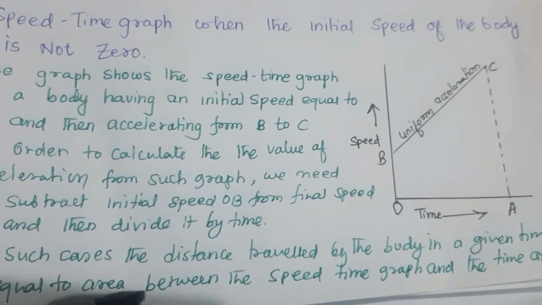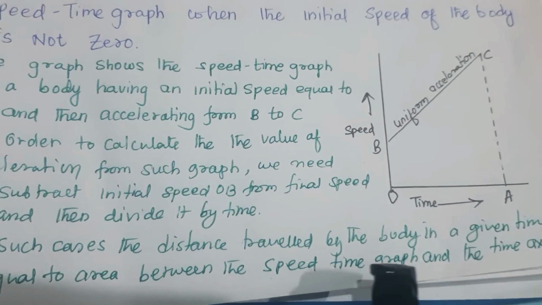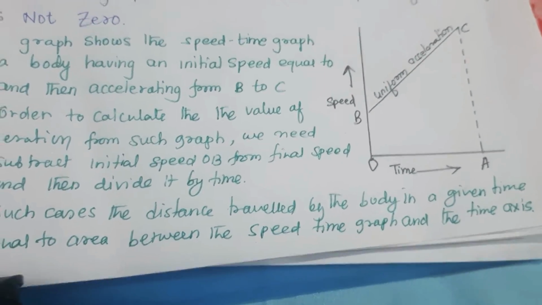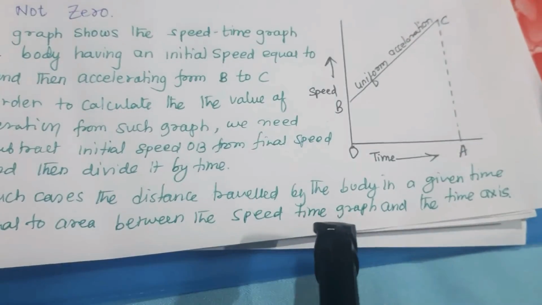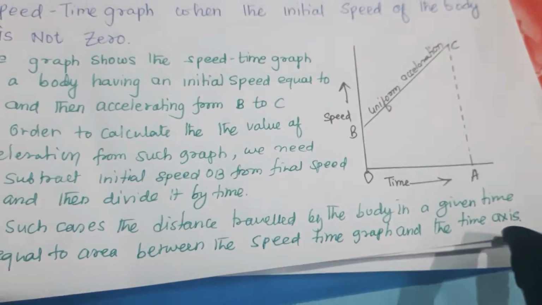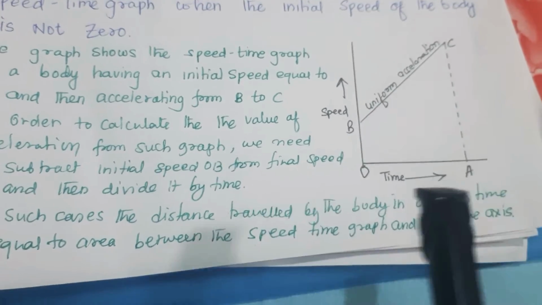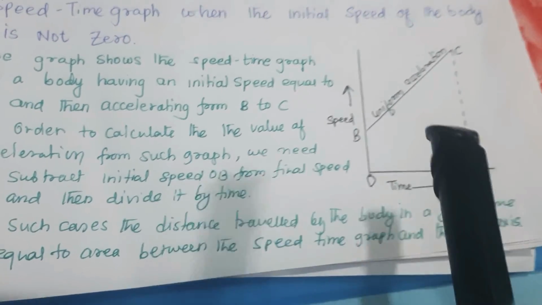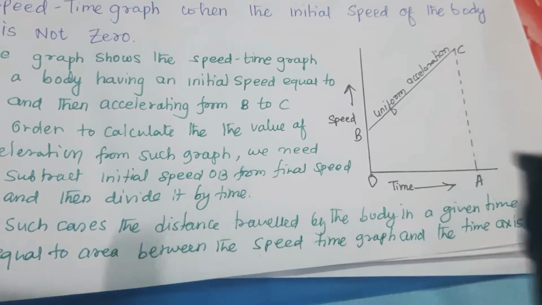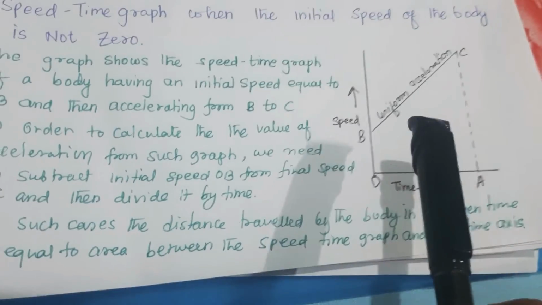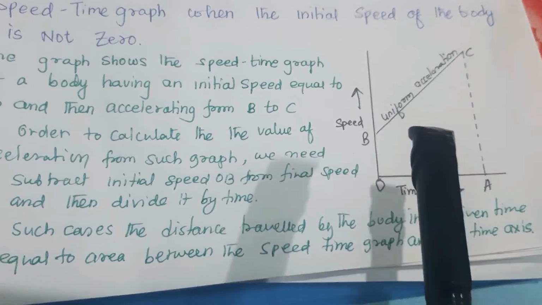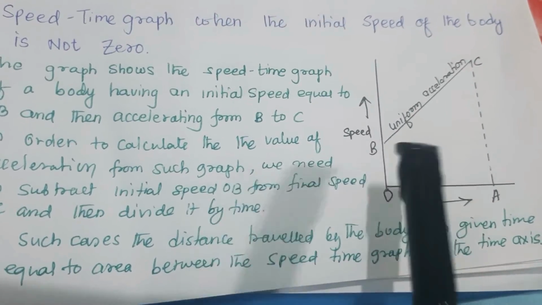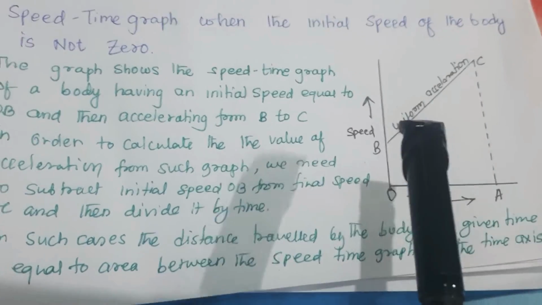In such cases, the distance traveled by the body in the given time is equal to the area between the speed-time graph and the time axis. So generally what we are talking about here is how we calculate the acceleration of such a graph where the initial speed of the body is not 0.